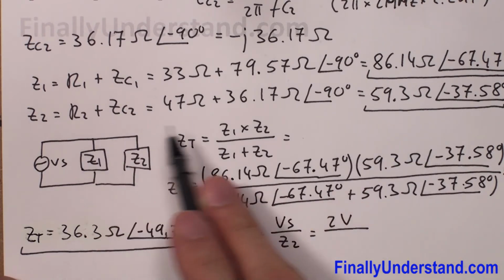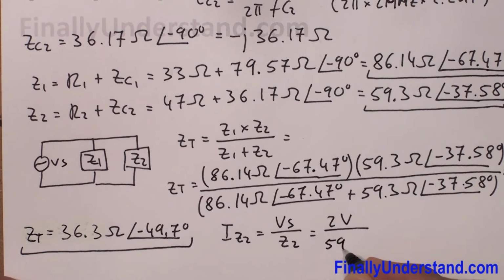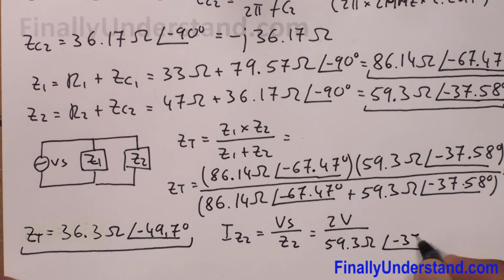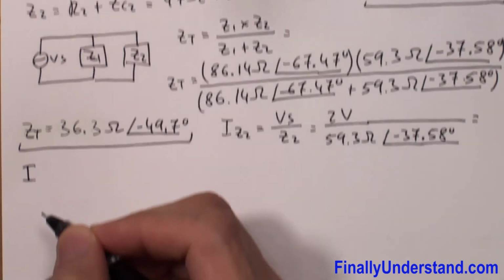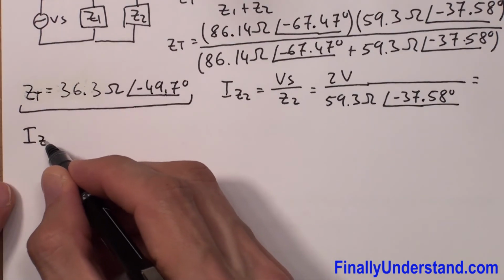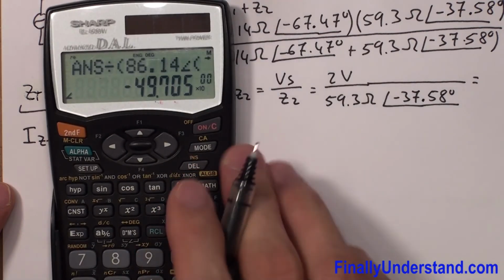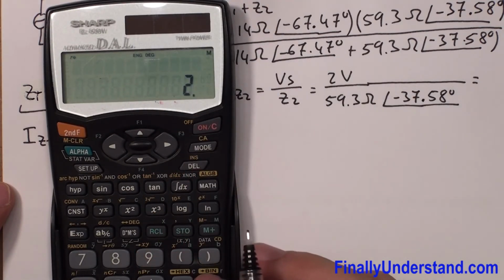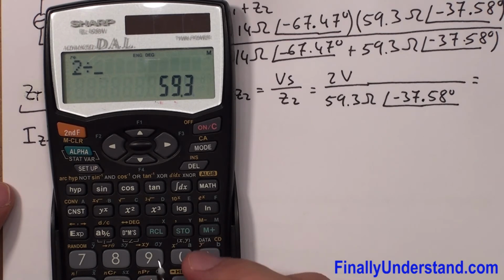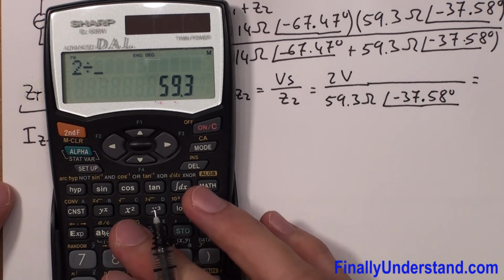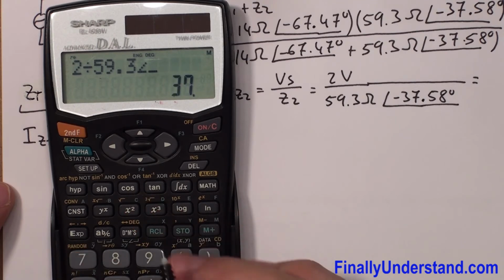We found that Z2 is equal 59.3 ohms and angle of negative 37.58 degrees. Okay, so this is equal. I'm going to write this down over here. I Z2 is equal. So I have 2 divided by 59.3 and angle of negative 37.58.